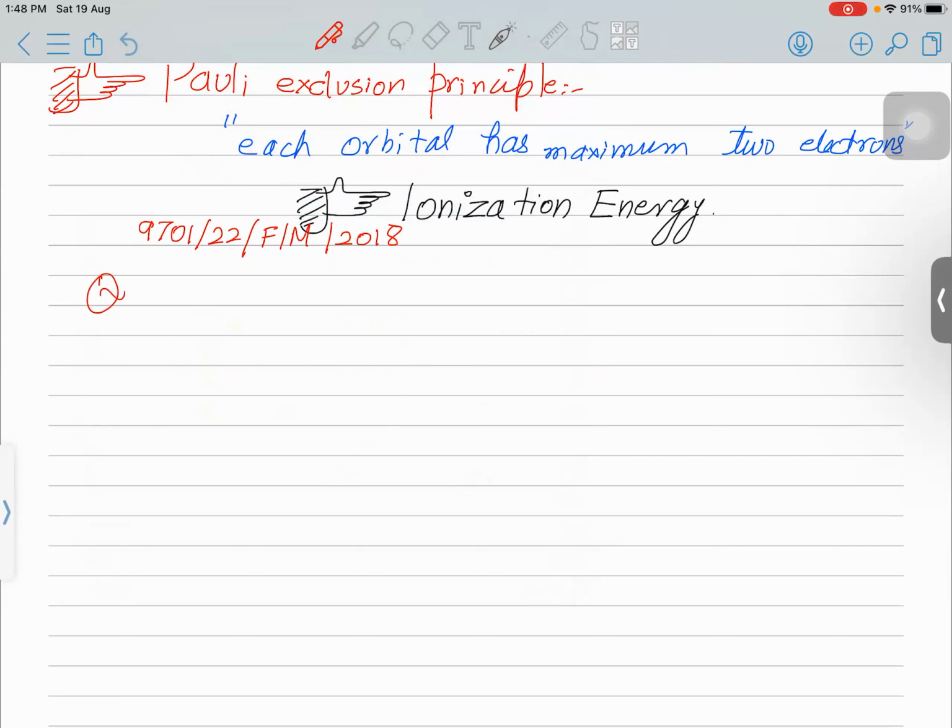Explain what is meant by ionization energy. What is meant by ionization energy? This question is for 3 marks.